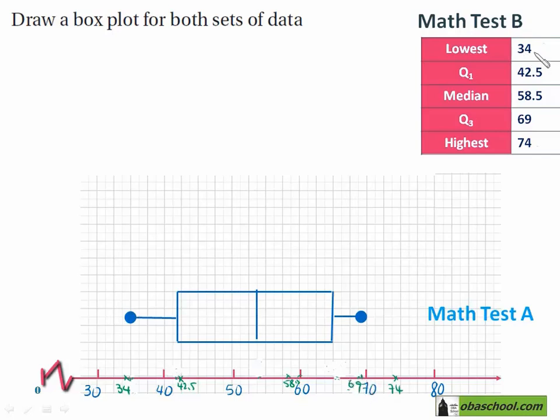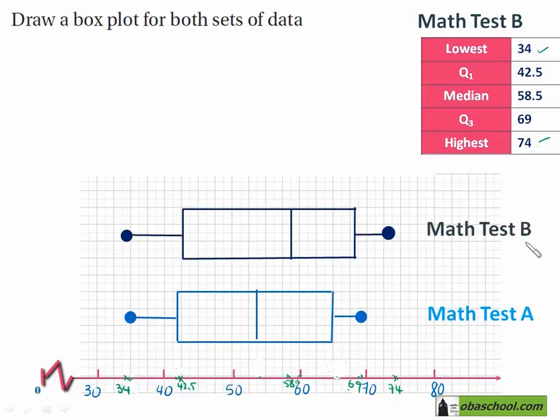And so now we add the lowest and highest values on the graph by points, and then at 42.5, 58.5, and 69, we draw the three parallel straight lines that should be of equal length, of course. We connect them horizontally, and then we connect them with the whiskers. And now we have completed the box plot for math test B.